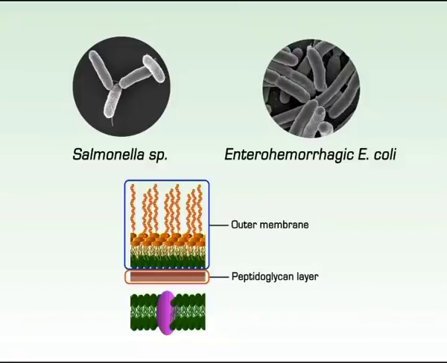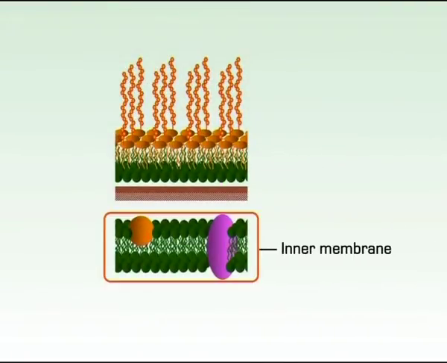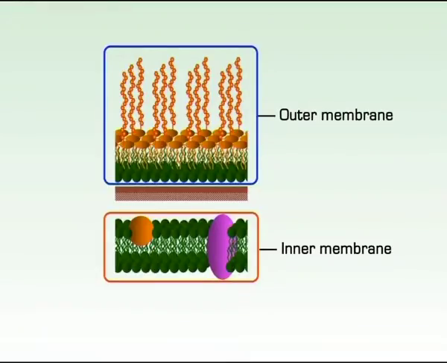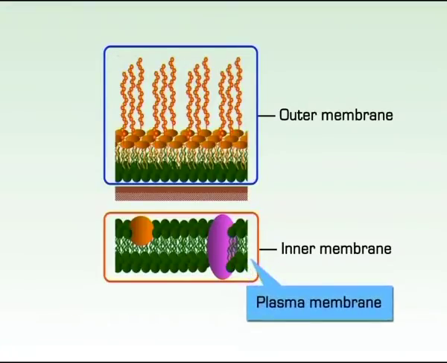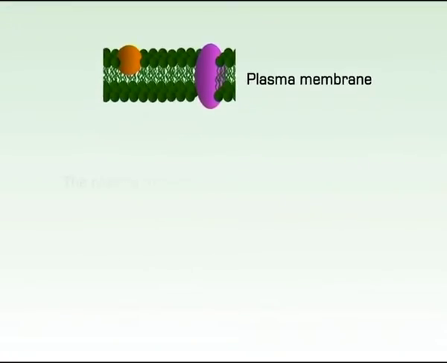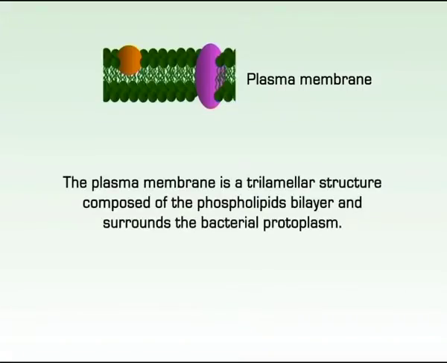The gram-negative bacterium is composed of two membranes, the inner membrane and the outer membrane. The inner membrane is called the plasma membrane, and it is a trilaminar structure composed of a phospholipid bilayer that surrounds the bacterial protoplasm.